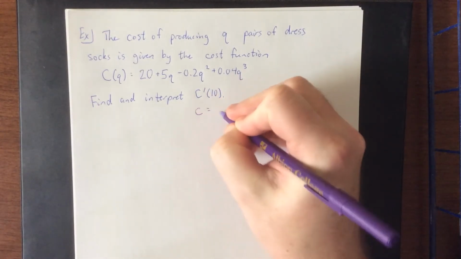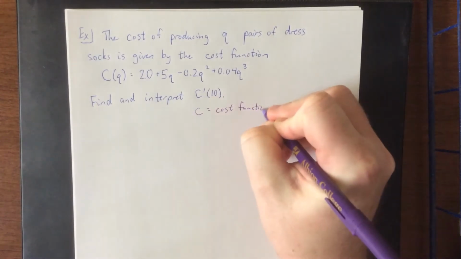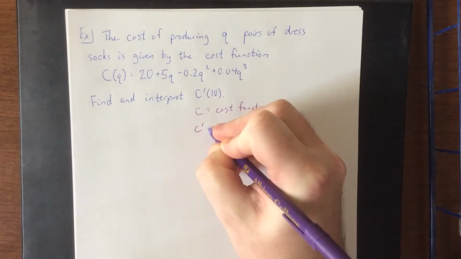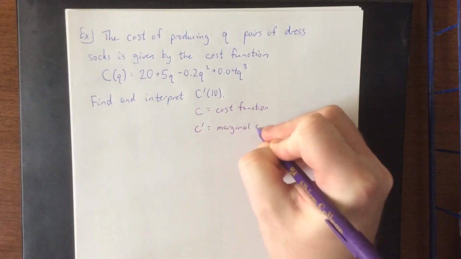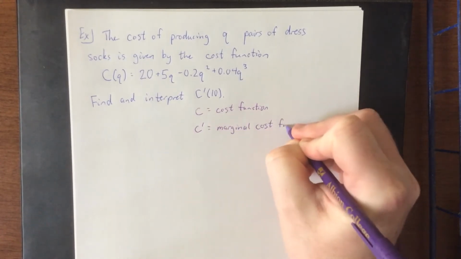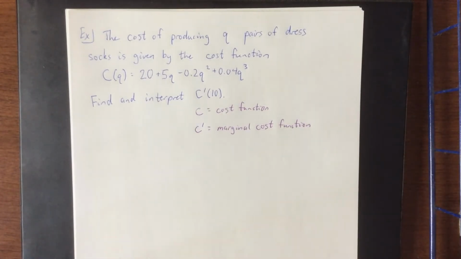So first off, if C is a cost function, which in this case it is, then C prime is going to be the marginal cost function. The marginal cost function is a rate of change of the cost per object that you're producing.